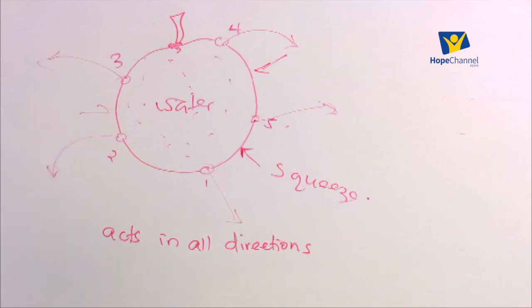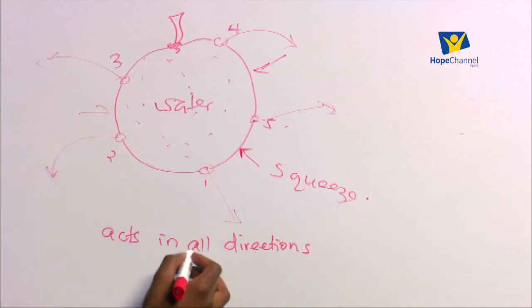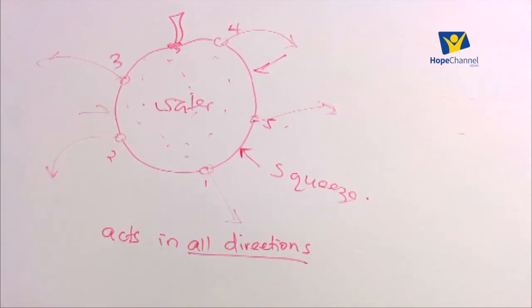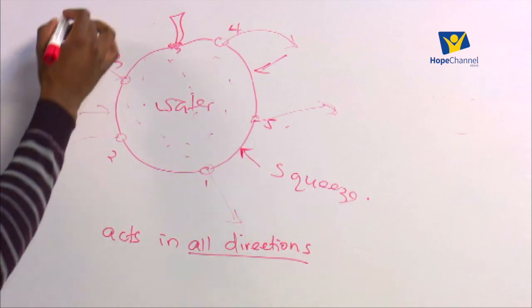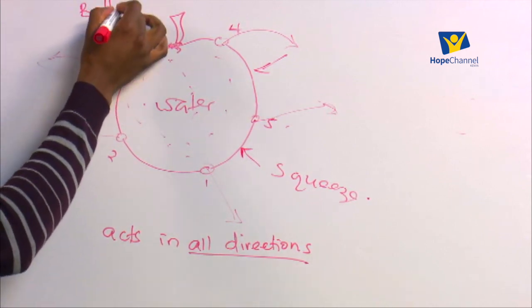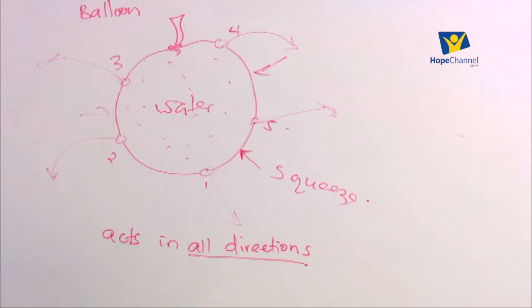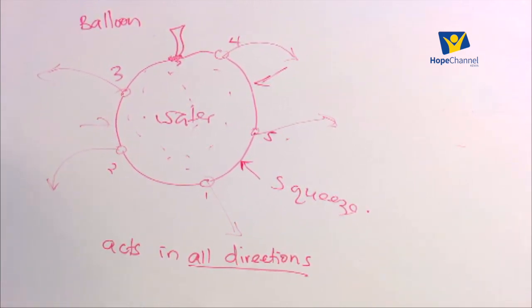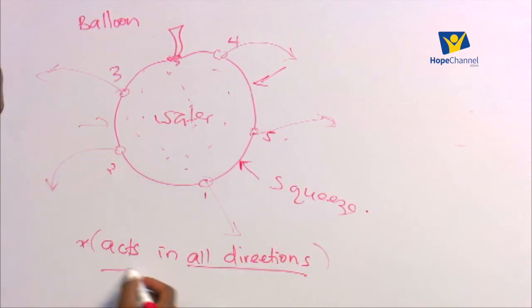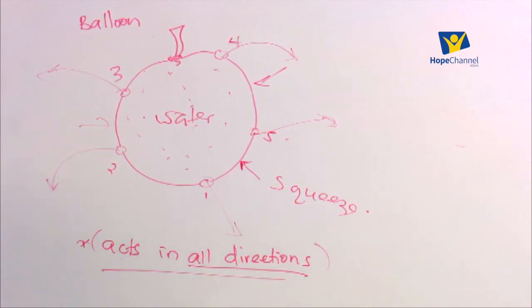But in the liquids, the pressure will be acting in all directions and not in one particular direction. So if we have a liquid in a container that can be squeezed, we are talking about a balloon because it is easier for us to squeeze that balloon, then we are going to have jets coming out through the different holes, meaning what? That the pressure in the liquids will be acting in different directions and not in only one particular direction.